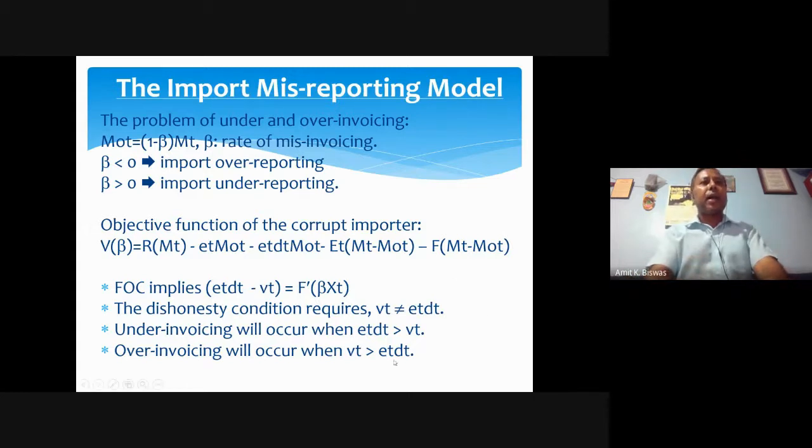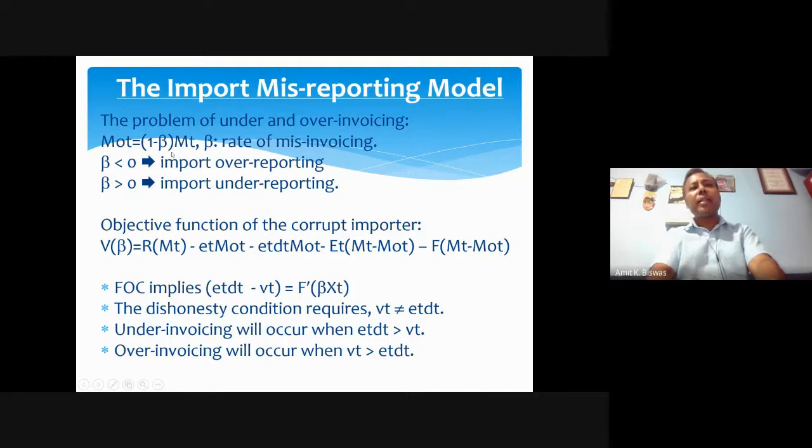That was her $10,000 import basket. But she is a corrupt importer. She does not report properly. She might either underreport or overreport, reflected in MOT.